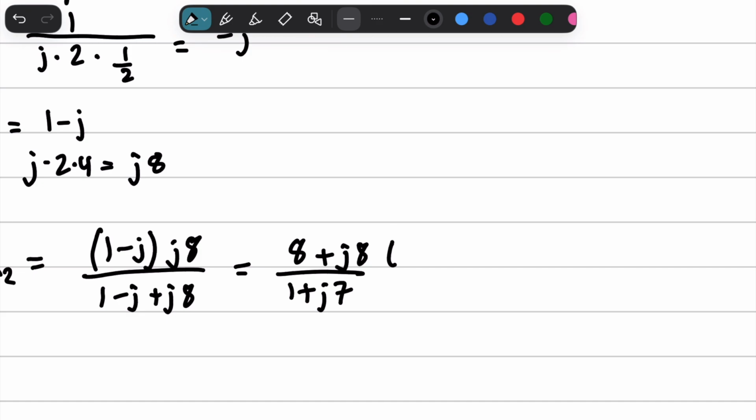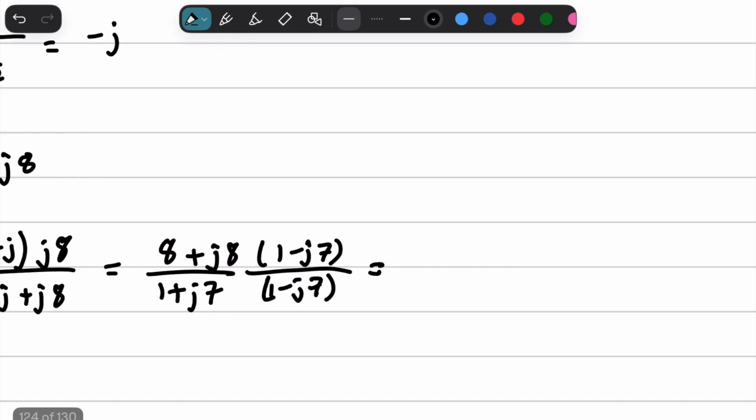We're going to get rid of the complex number on the bottom by using the conjugate. And we're going to get 64 minus J48. Pretty sure you can do the math. It's just foiling.